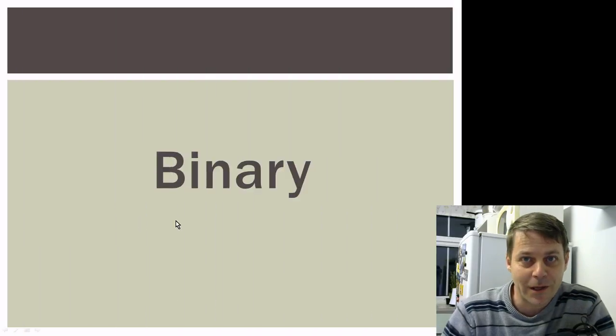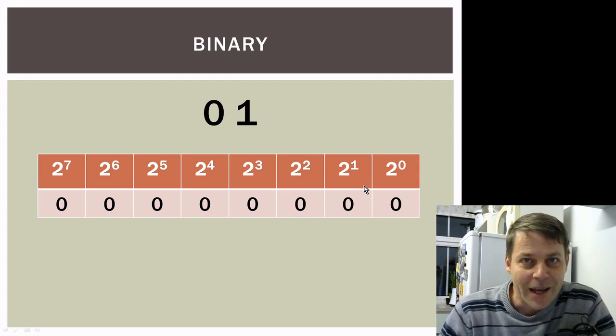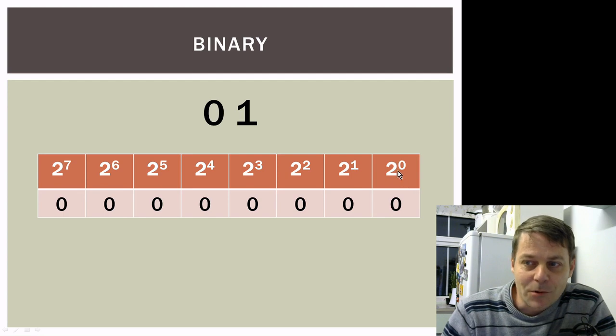So now let's see how we can count in binary. With decimal we had 10 different digits to choose from. In binary we have just 2, 0 and 1. And in decimal, in this column we had 10 to the power of 0, 10 to the power of 1, 10 to the power of 2.